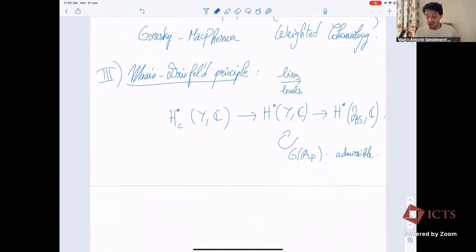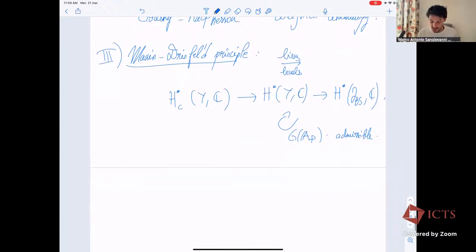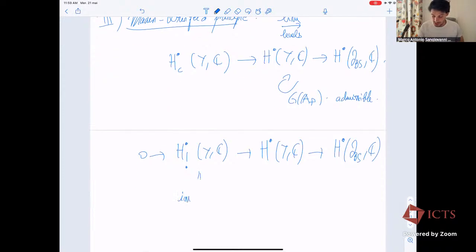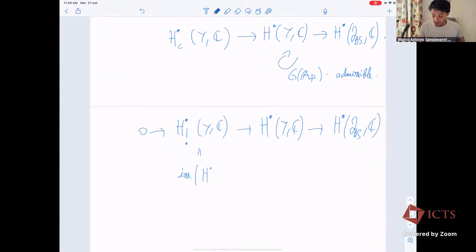So now the image of compact support cohomology in the cohomology is known as the interior cohomology. So H dot of Y, C goes to H dot of the Borel-Serre boundary, C. So this is the image of the compactly supported cohomology.